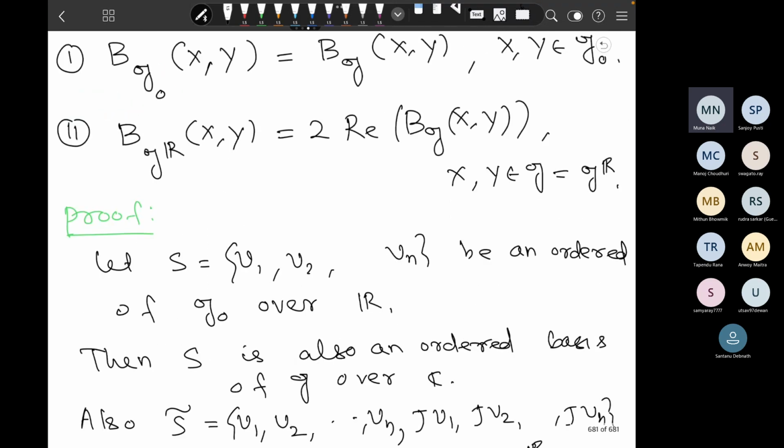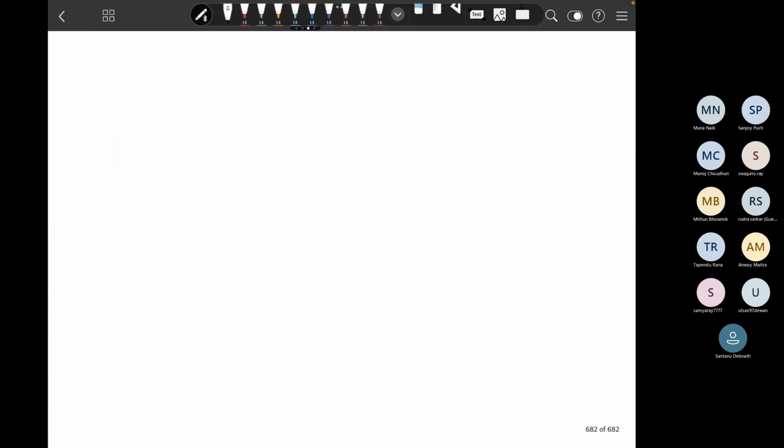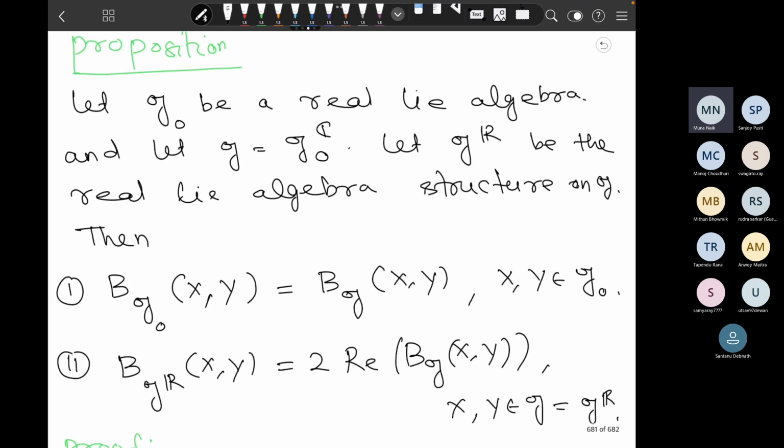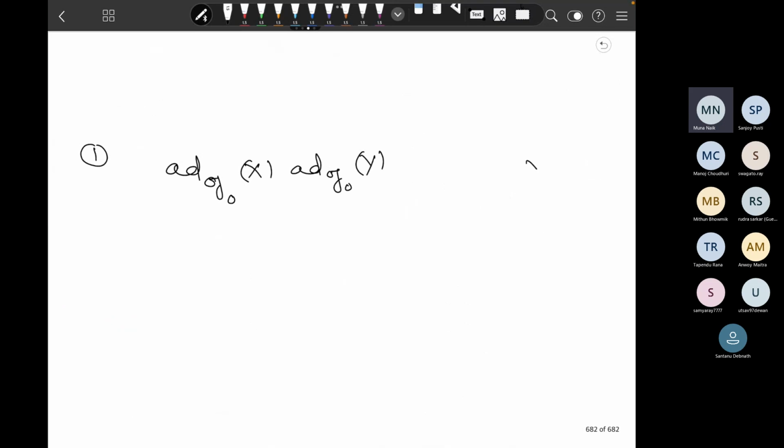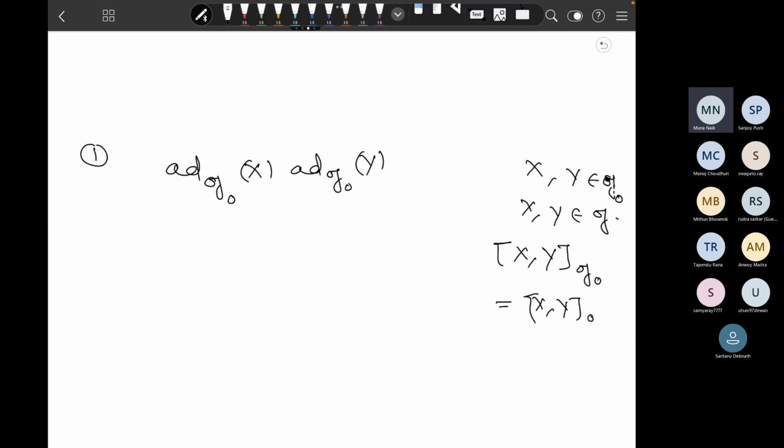Now, the first thing I am proving: look at ad G naught X and ad G naught Y. G naught and G have the same basis, and if X, Y belong to G naught, then XY also belongs to G. The Lie algebra structure on G naught and G is the same by definition, and the bases are also the same.